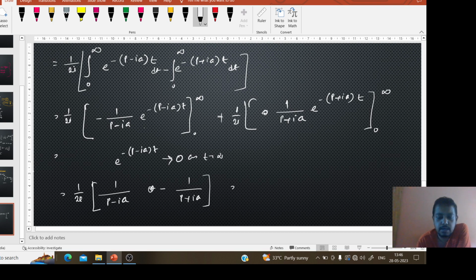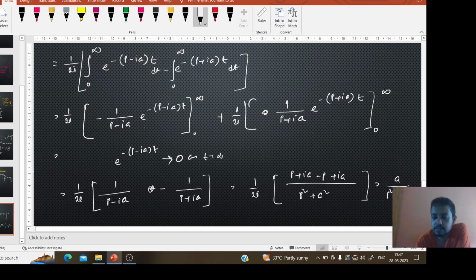And now if we simplify, we will get p square plus a square in the denominator, and we get a by p square plus a square. So this is the Laplace transform of sin at, that is L of sin at is equal to a by p square plus a square.